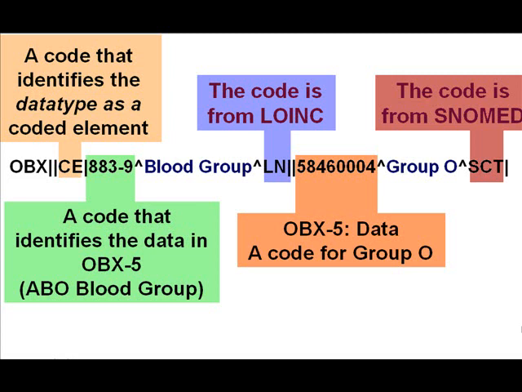So with this, what you would do is use one code that says this was an assertion about something, and then carry the data as the value, rather than carrying it as a yes/no question in the LOINC terminology.